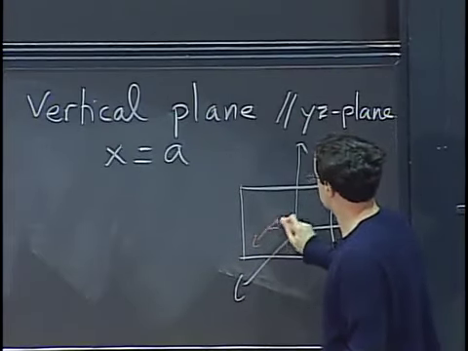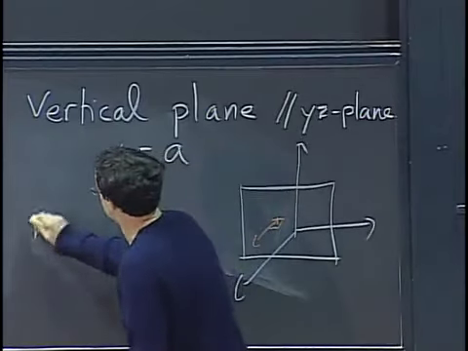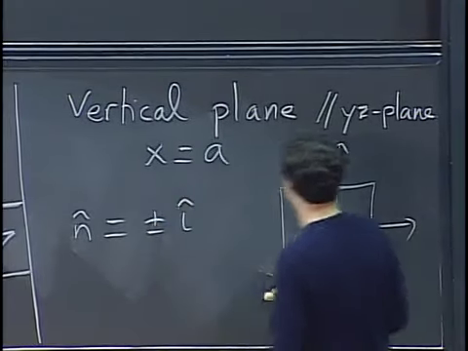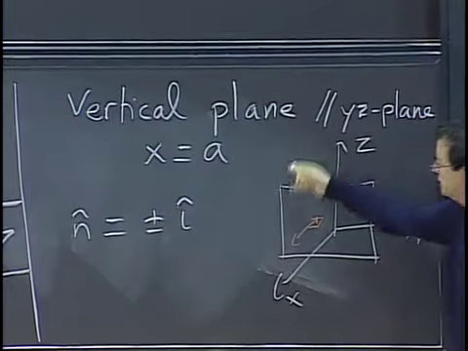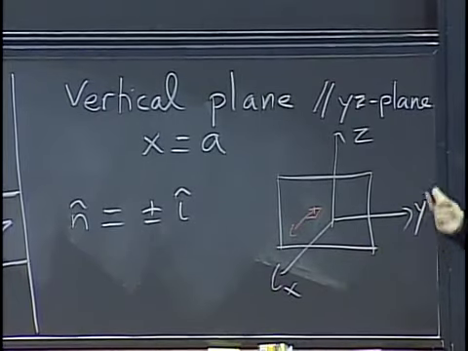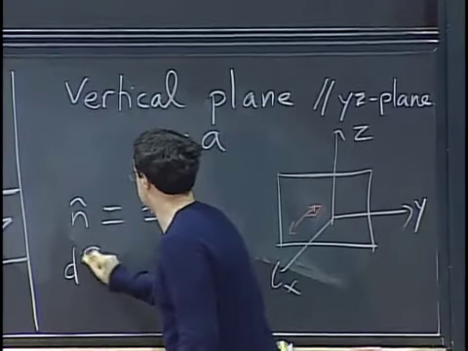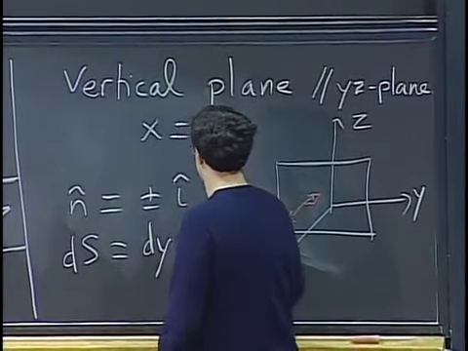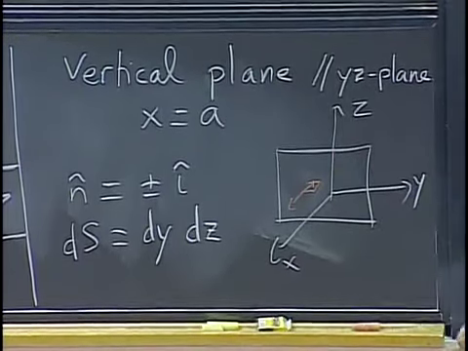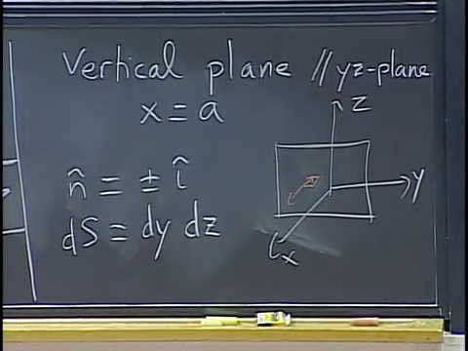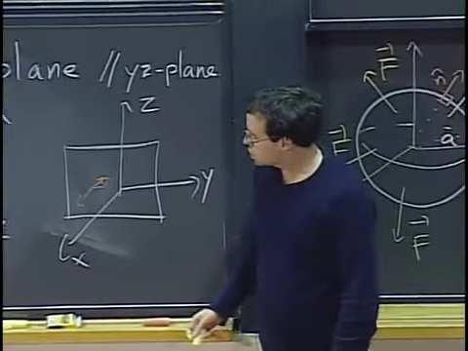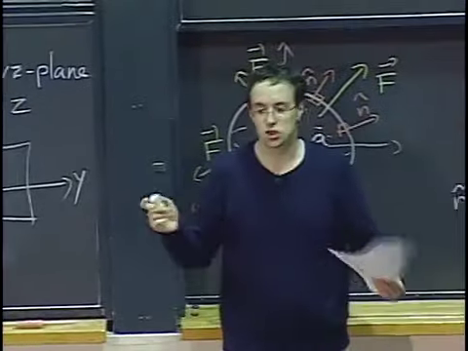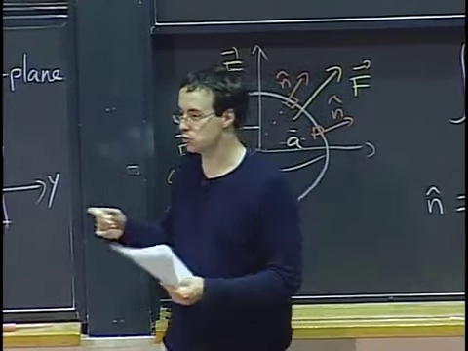Let's say I'm having it come to the front. Then the normal vector would be plus or minus i. And the variables that I would be using to find out my position on this would be y and z. In terms of those, the surface element is just dy dz. Similarly for planes parallel to the xz plane, I'm sure you can figure that one out. So these are somehow the easiest ones, because those we already know how to compute without too much trouble.